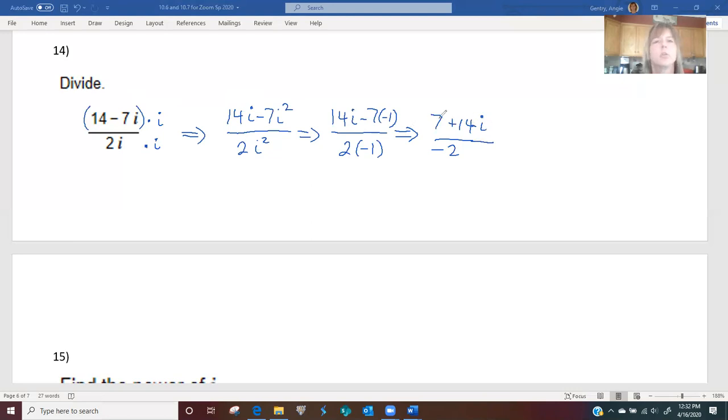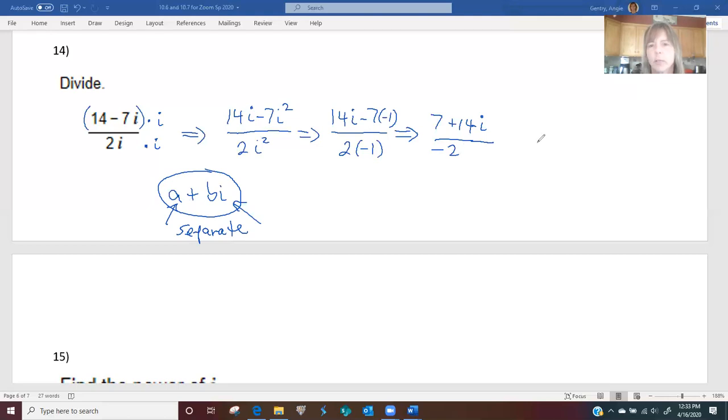I need to do this in the form a plus bi. That's the rule. And they need to be separate pieces, a real part and then the imaginary part. Do you see how here this is all one term?